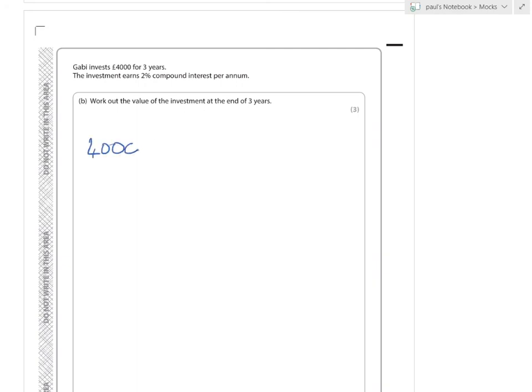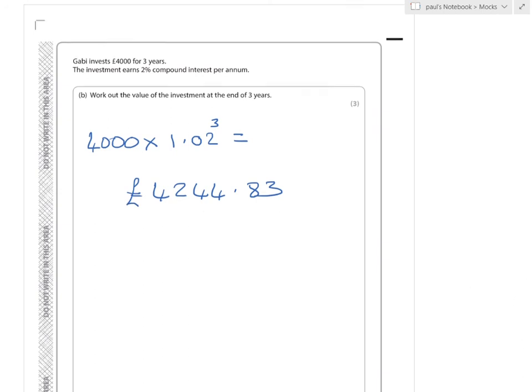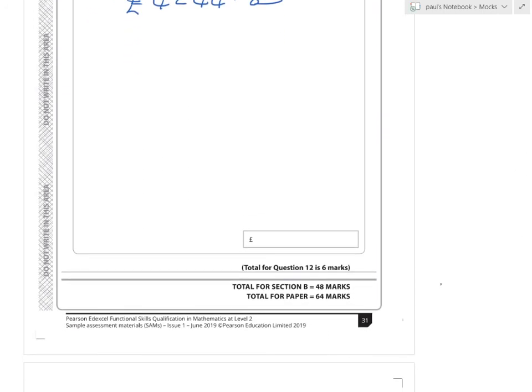So 4,000 times 1.02, for 3 years, oh no, it's not to the square. 4,000 times 1.02 to the 3, it's 3 years, and that equals 4244.83. Okay, done that. That's all right, that one. There you go, that's the end of that question.